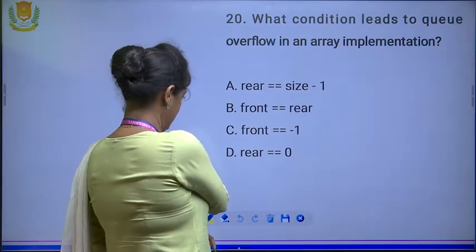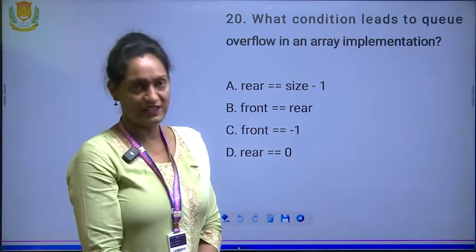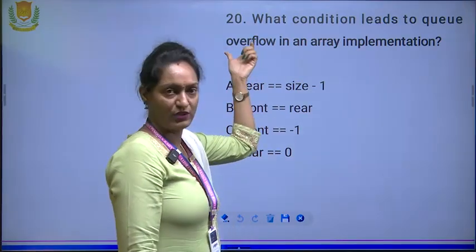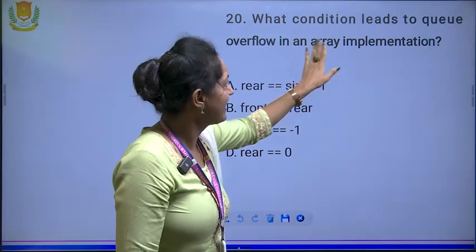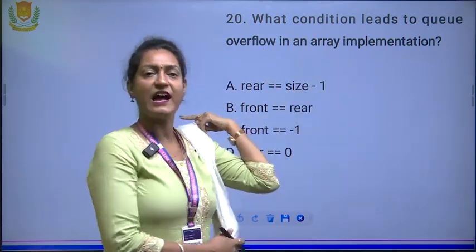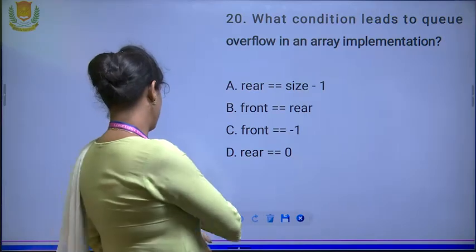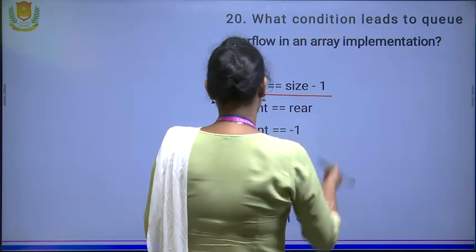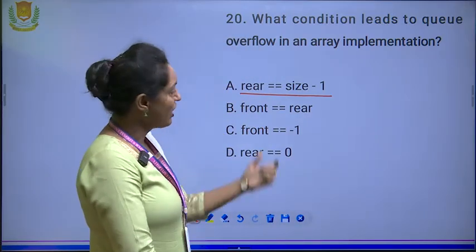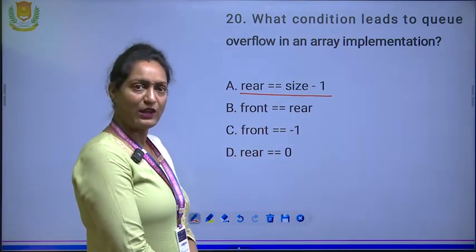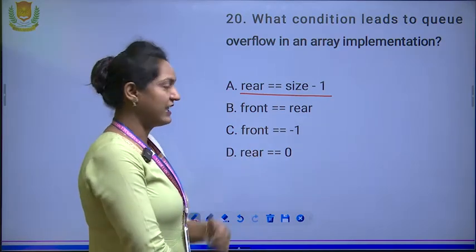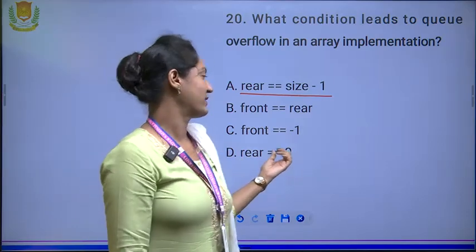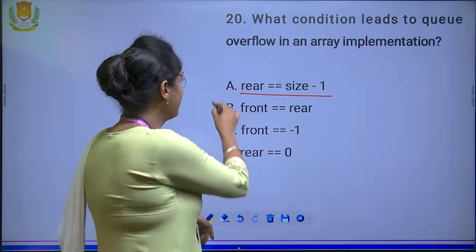So we will go ahead to the last question of this series, question number 20. What condition leads to queue overflow in an array implementation? The options are option A, rear equals size minus 1, option B, front equals rear, C, front equals -1 and rear equals 0.